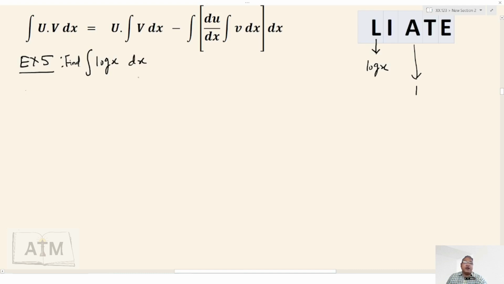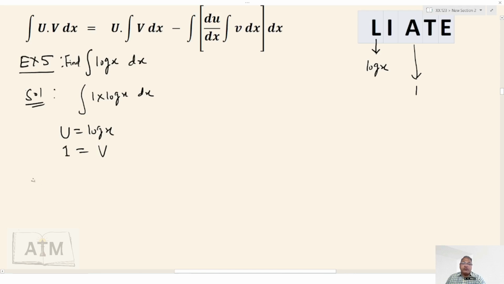Example 5, find the integration of log x with respect to x. Here we apply one trick because it is only one function, there are no two functions. So what do you do? Multiply by 1, 1 into log x with respect to x, and we treat log x as u and 1 as v.